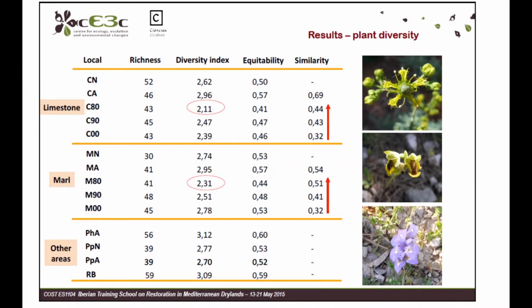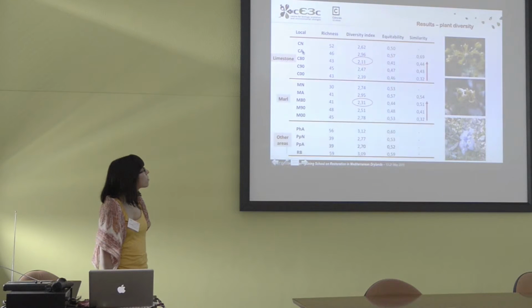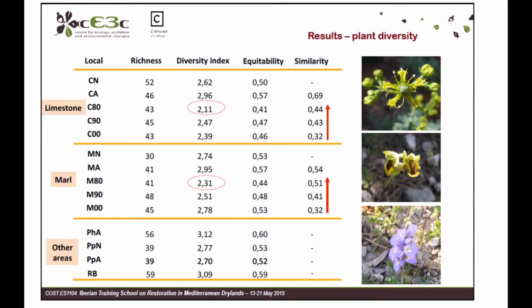It's a huge table, but just to point out that, as you can see, here is the natural site, this is the burned area, and these are the restored sites in the 80s, 90s, and after the year 2000. As you can see, the diversity index is not so different, and you can see an increase in the index from the oldest sites to the youngest.